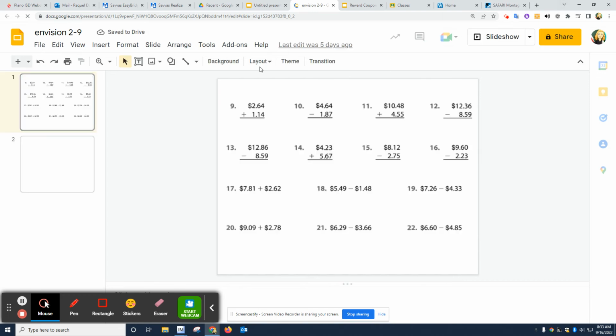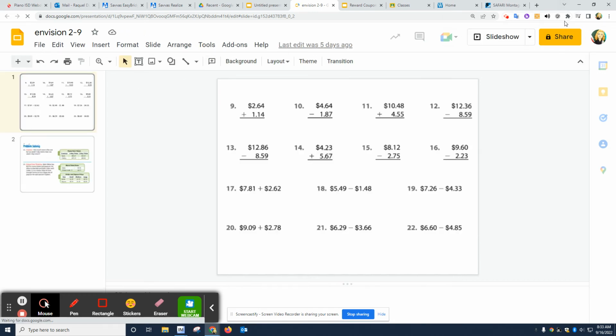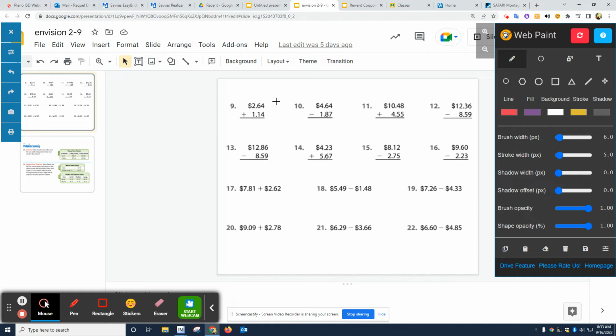This is located on Seesaw. I'm going to go ahead and work a couple of these problems with you. So this is a plus sign. So 4 plus 4 is 8. It's already lined up for me. I'm going to see if I can make this a little bit smaller.